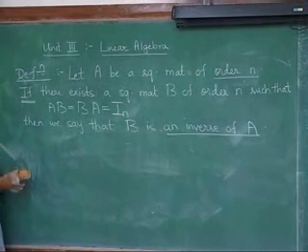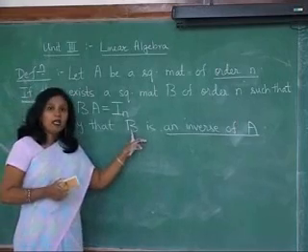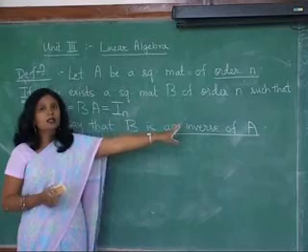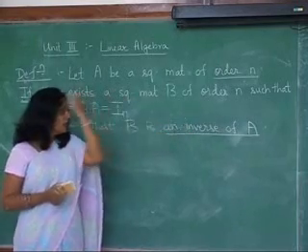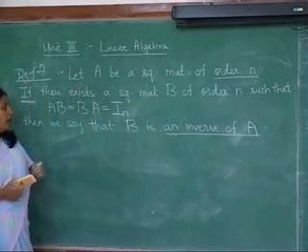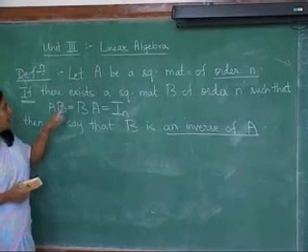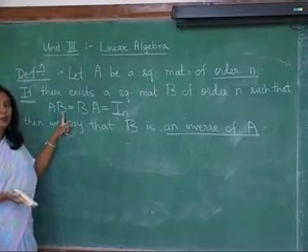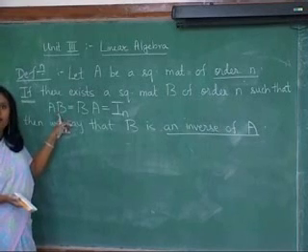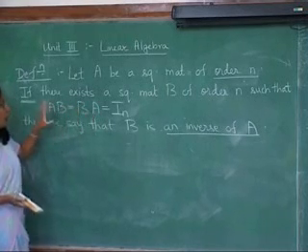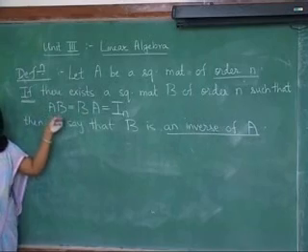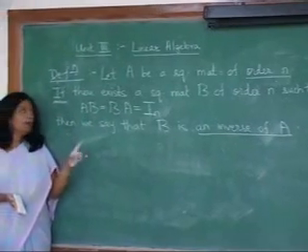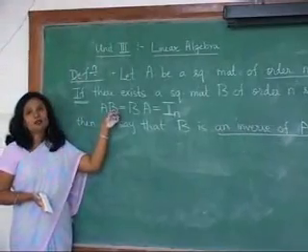Second aspect is, see, I said B is an inverse of A. I have not said B is the inverse of A. But the good news is that if at all there is such a matrix, it's not very difficult to prove that this matrix will have to be unique. So if at all you can find such a matrix, you can be rest assured that there will be only one such matrix.